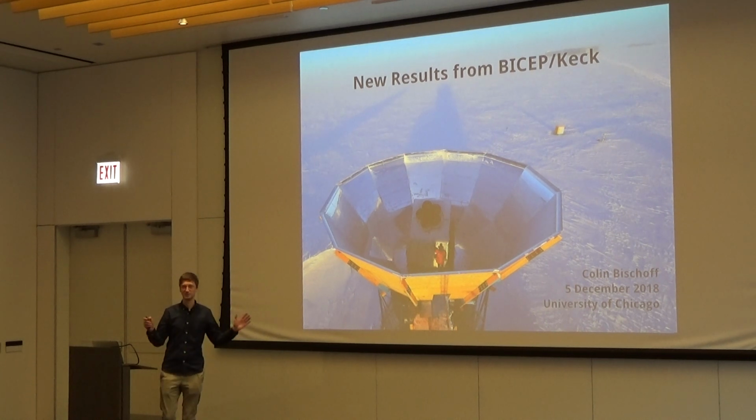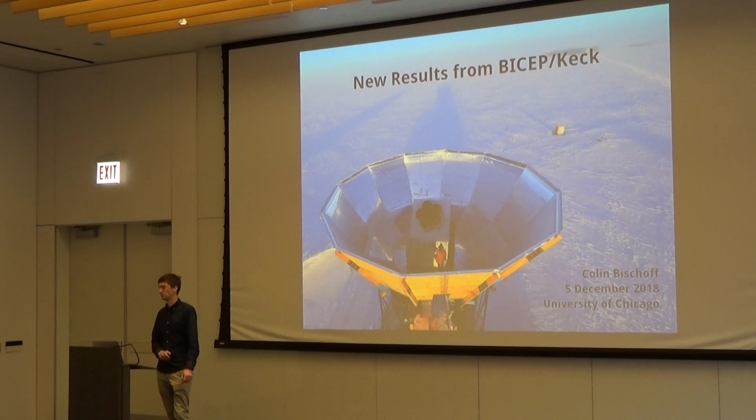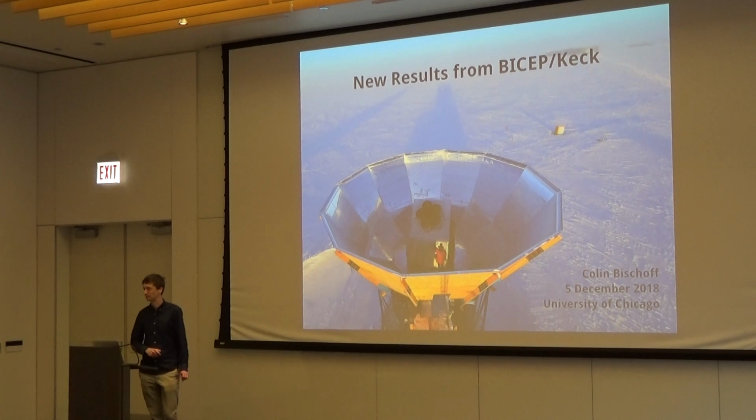All-time record holder. Mr. South Pole, Robert Schwartz, right here. Photograph taken from our calibration mask, which supposedly took him quite a bit of effort to get lined up just right. So there's a nice photo of the Keck Array with all 5 telescopes, and Robert in the South Pole sunset.